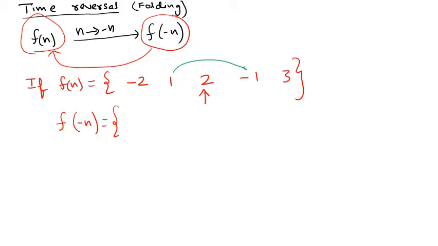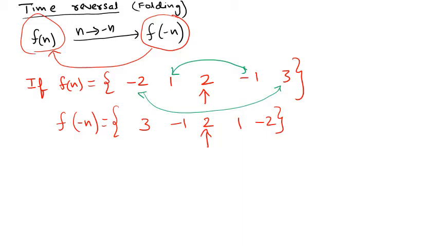These two samples will get interchanged and these two samples will get interchanged. So 2 will remain as it is. Here we'll be getting minus 1 and 1. Here we'll be getting 3 and minus 2. So this is f of minus n. Again, time index 0 will be at this location.